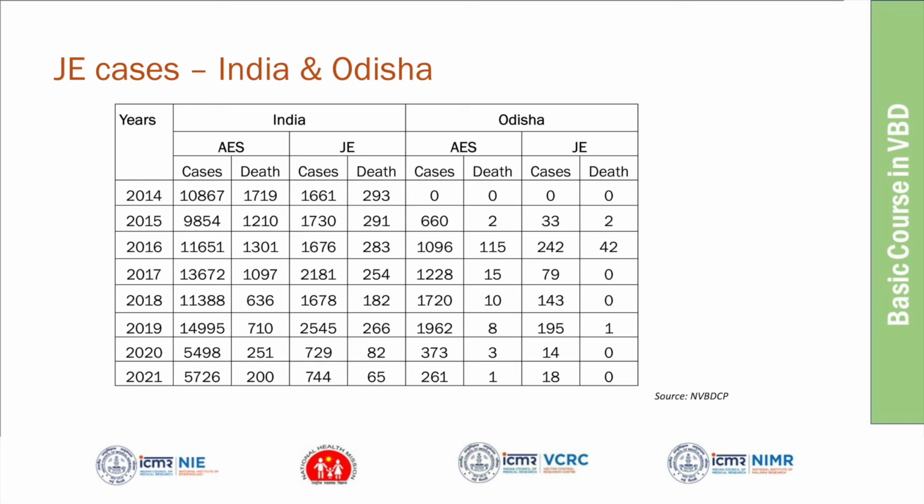Probably in 2021, we have a very steep decline that can be attributed to the ongoing COVID pandemic. We see a similar trend in India overall. There has been a decline in cases in 2020 and 2021, but this trend is the same in other JE endemic states.